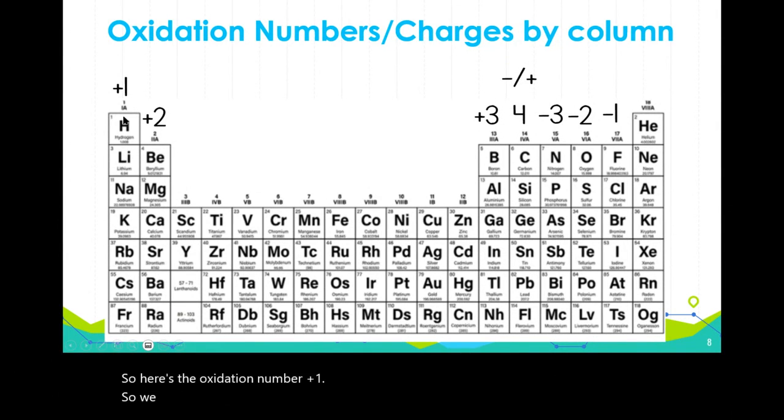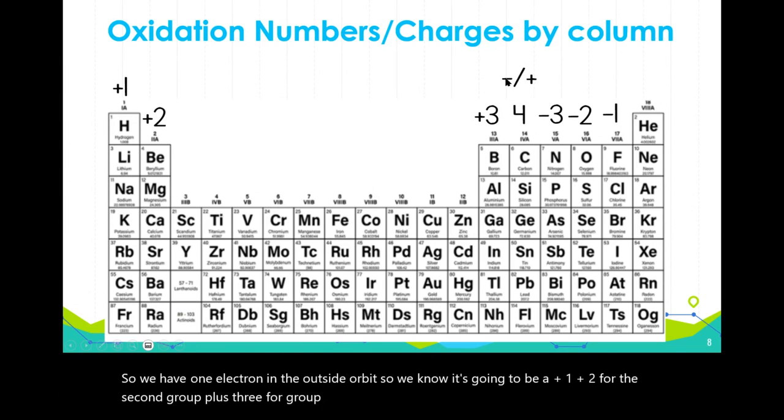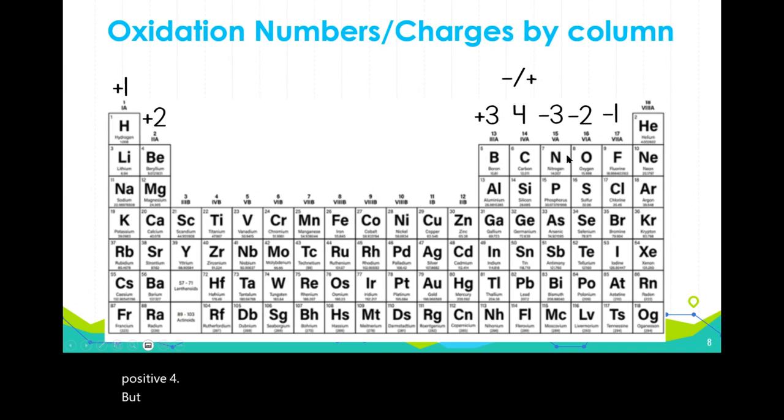We have 1 electron in the outside orbit, so it's going to be a +1, +2 for the second group, +3 for group 13, and then carbon can go either way, negative or +4, but nitrogen needs to get 8, so -3, -2, -1.